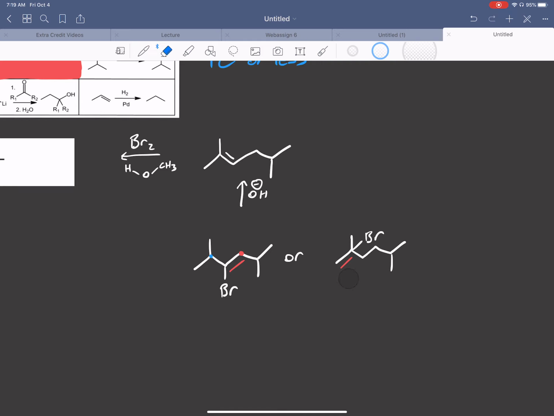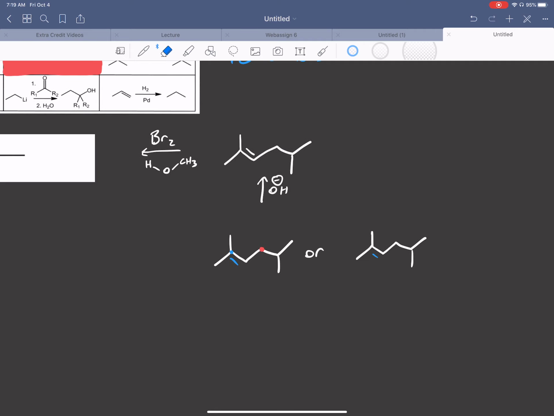Now it would form the blue one, just because that is the more substituted one. And same for the one over here, we would get the blue one. If we erase the Br, that's what our final structure would look like. So you could have picked either of those positions.